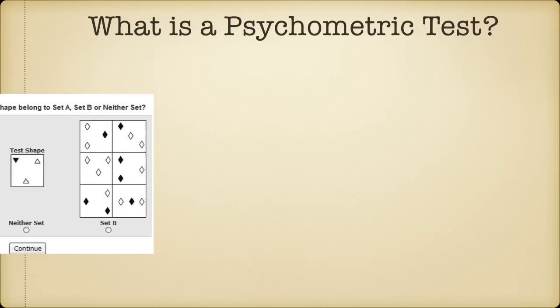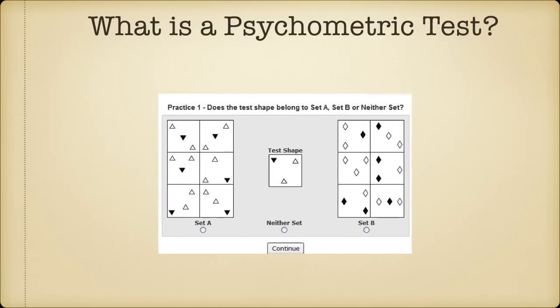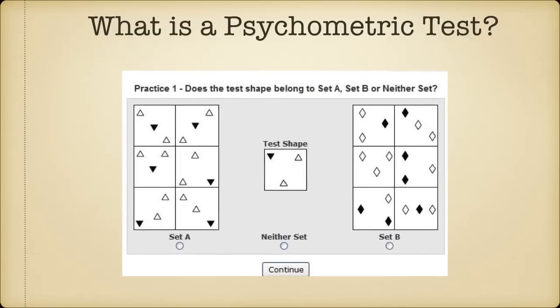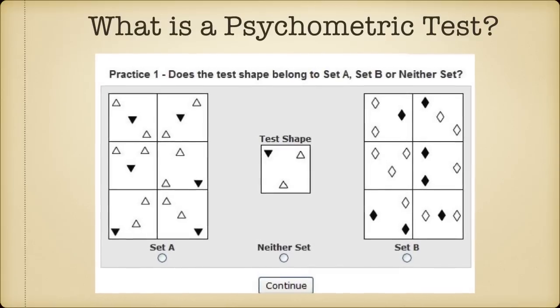Look at this question. It asks the test taker to decide if the given picture belongs to set A or set B or none of them. Think for a moment. What ability is being measured by this question? Is it measuring the ability to do numerical calculations in memory?